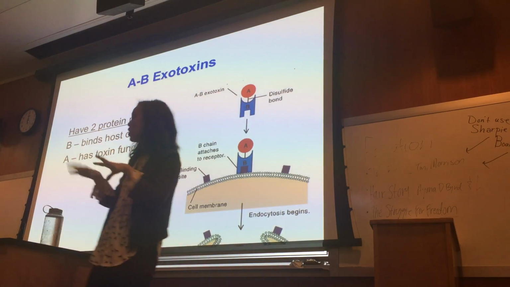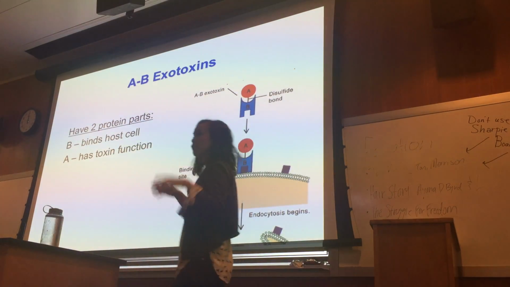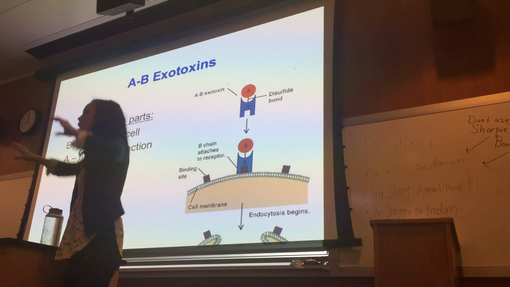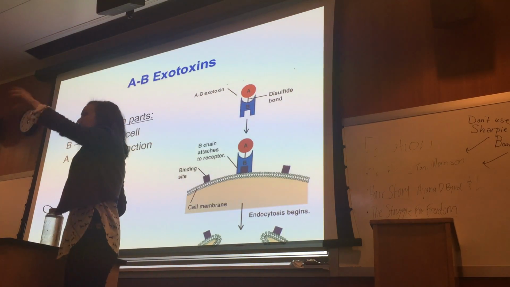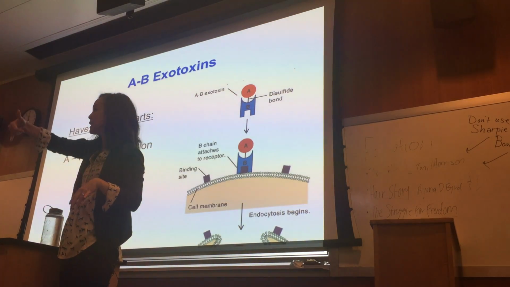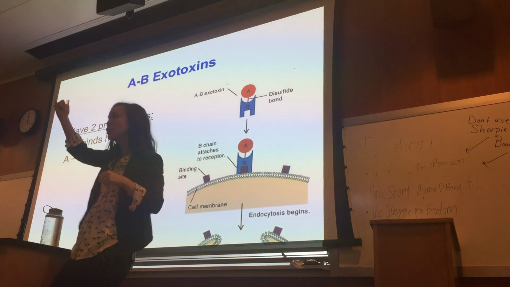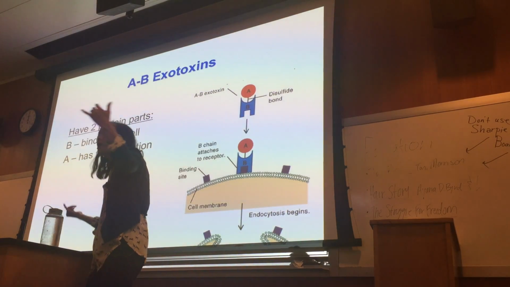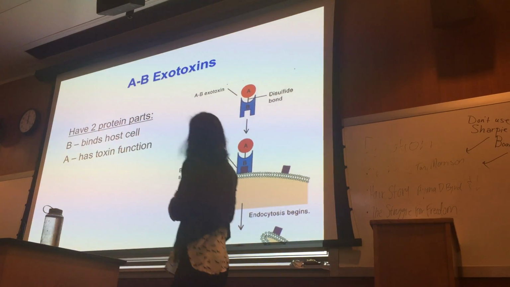If you are an AB toxin, the first thing the toxin will do is find some place in your body to bind, to attach somewhere. If it's an enterotoxin, it'll bind to your intestines. If it's a neurotoxin, it'll bind to a neuron somewhere in your nervous system.